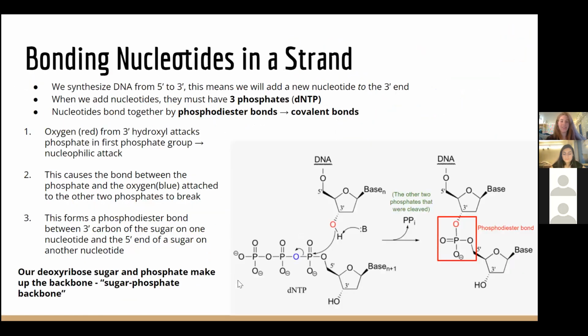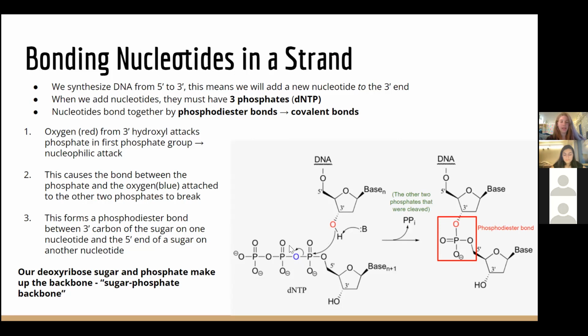So we have 3 phosphates here. And the way that the phosphodiester bond is made is that the oxygen, and you don't need to know this chemistry necessarily, but my mind works in chemistry, this oxygen attacks the phosphate that's attached to the sugar, which then releases 2 of the phosphates.